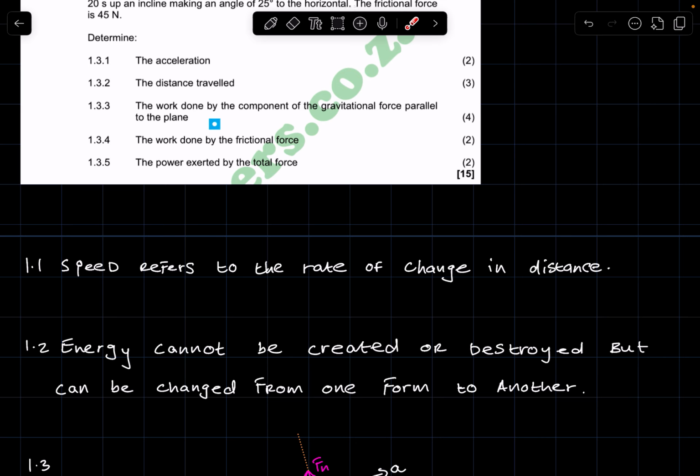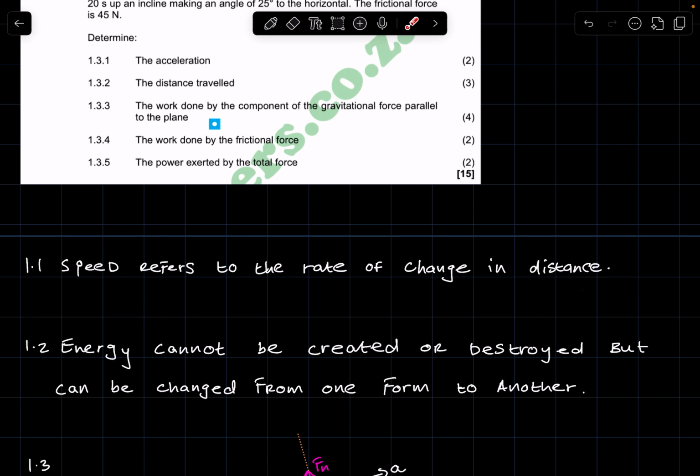Remember that the major difference between speed and velocity is the fact that speed is a scalar quantity, velocity is a vector quantity. Hence, in their definitions, as much as they are similar, the major difference is here. Because speed is a scalar, we use distance here.